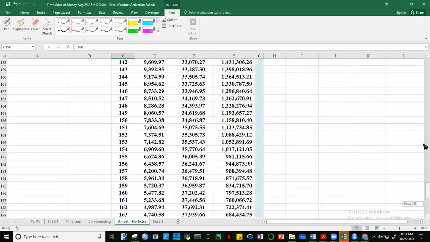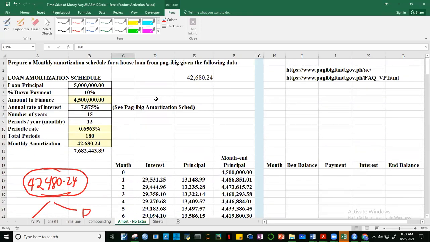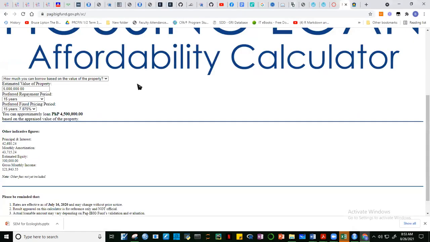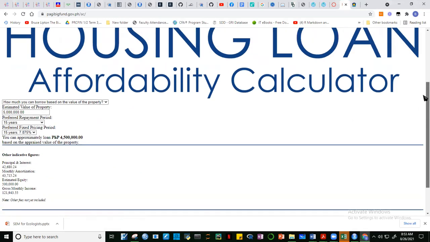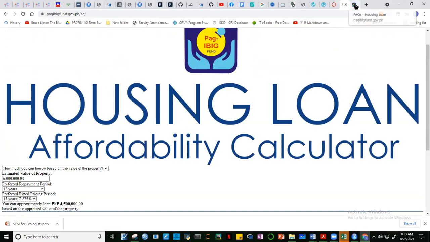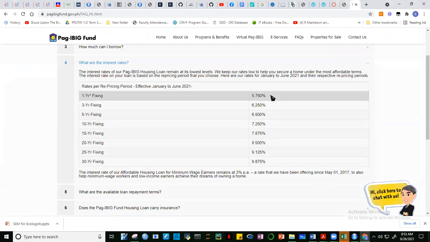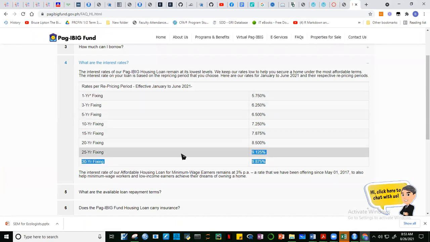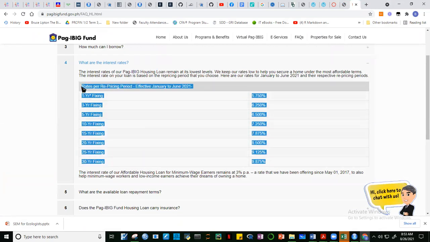So yun ang gagawin natin. Kasi kunyari baguhin natin yung annual rate, kunyari gawin natin tong 30 years. Kasi dito sa pag-ibig calculator natin, diba meron tayong pwedeng 1 year, pwedeng 3 years, 5 years. This one. We're going to make use of this.